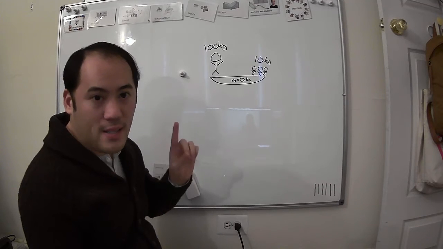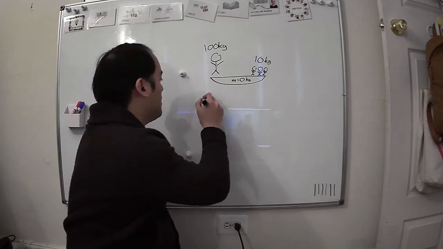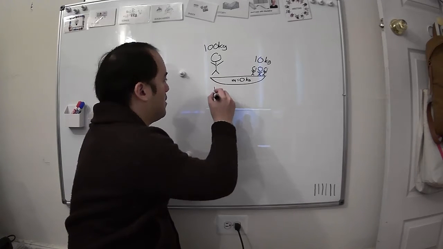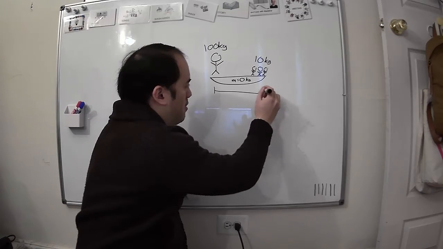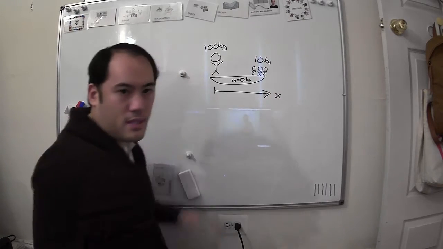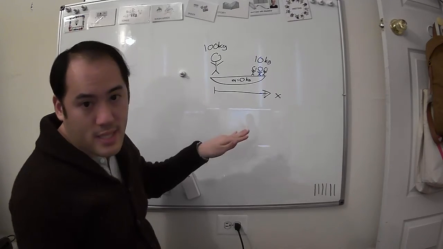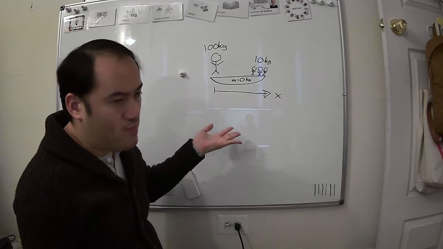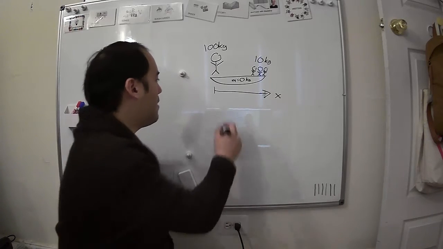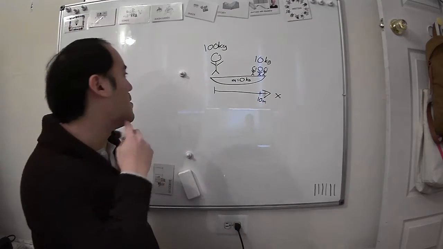You can find the center of mass of this system. This is a number line. I'll call it x. X is a position of everything. Let's say I have a very long 10-meter boat, super long boat, not drawn to scale.